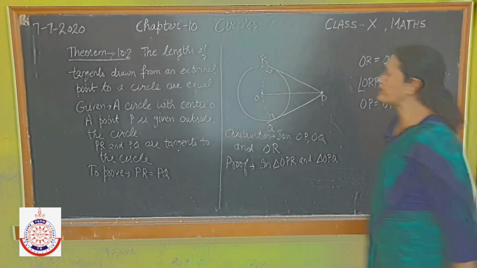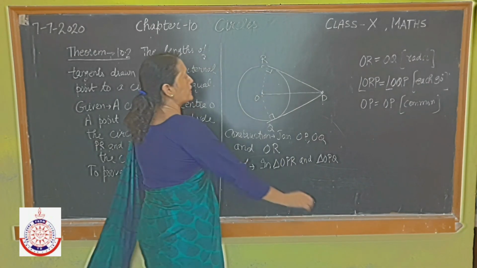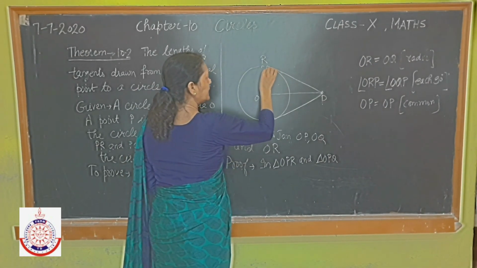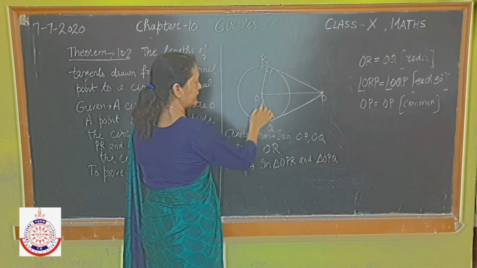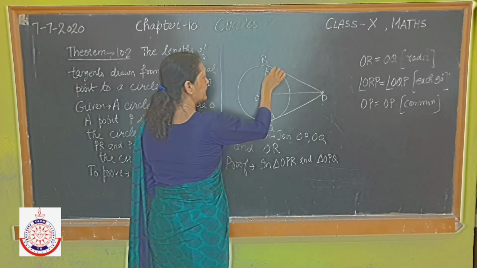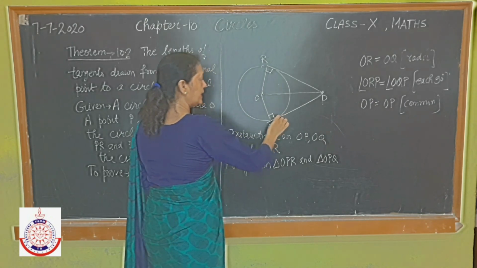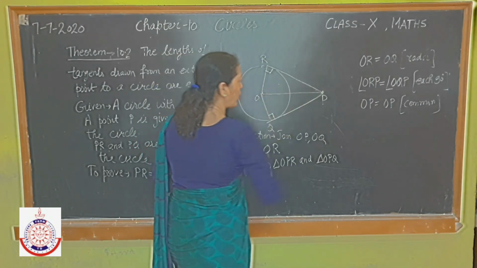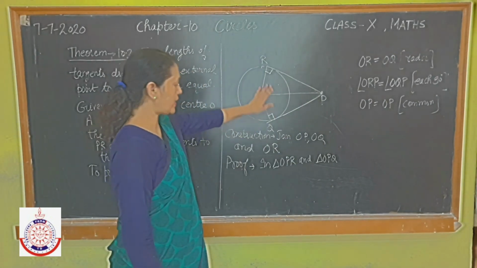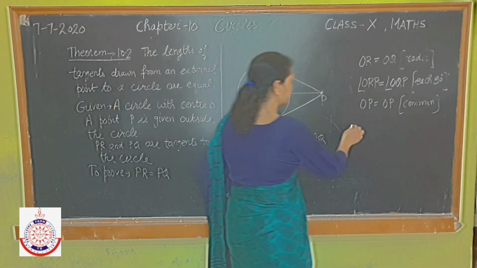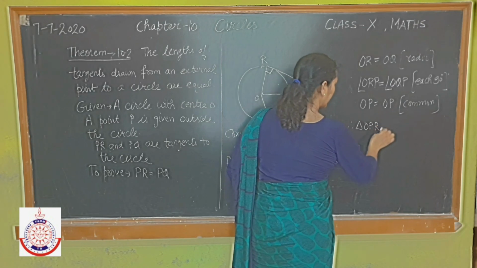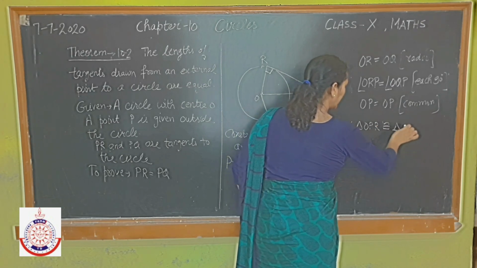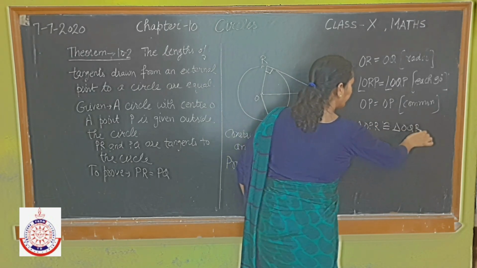So what three things have we done for proving congruency? One thing, we have taken that OR and OQ are equal radii. Then this angle 90 degrees and this OP is common. Therefore triangle OPR is congruent to triangle OPQ. Which rule have we used?